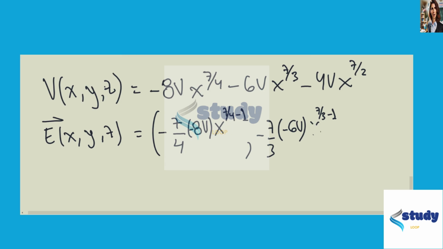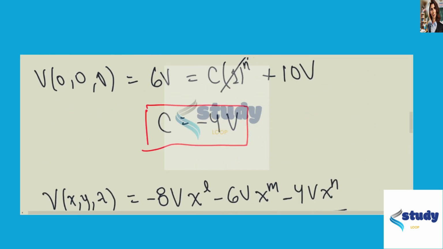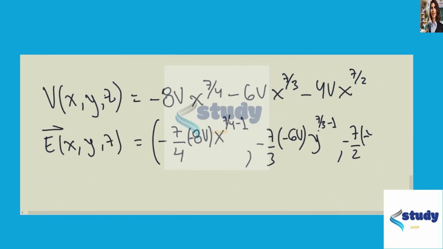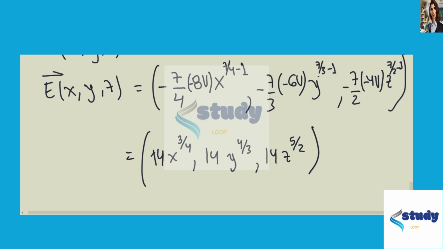Oh, this is y, sorry. And for the z part, we will have minus 7 over 2 times 4 volts times z to the 7 over 2 minus 1. Simplifying, this gives us the following expression for the electric field.